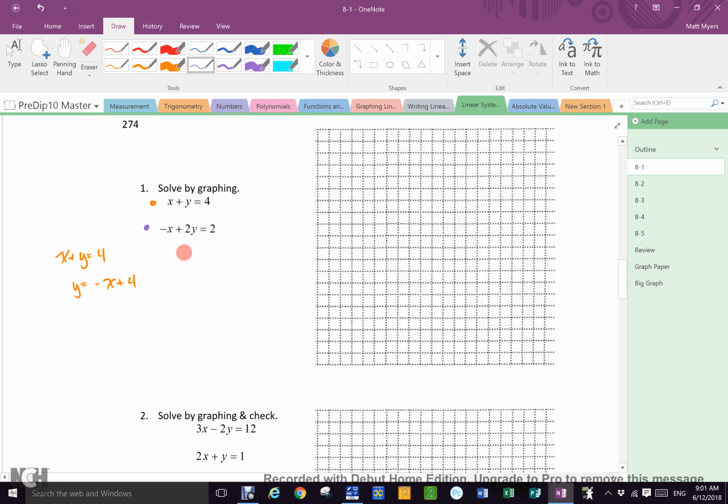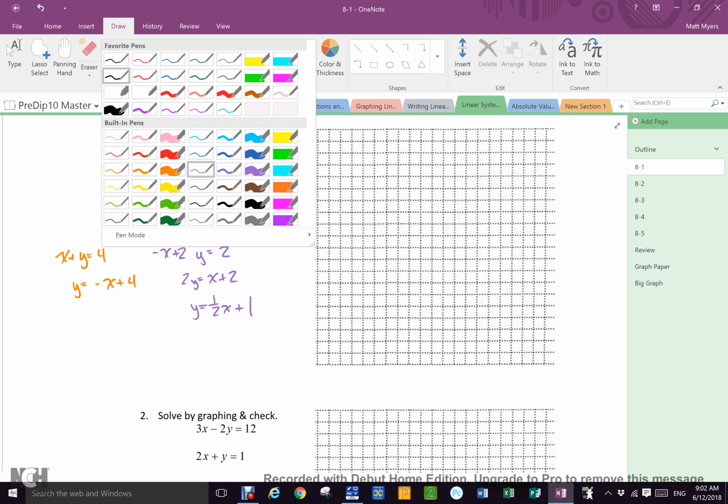The same thing. Negative x plus 2y equals 2. 2y equals x plus 2. Y equals 1/2 x plus 1. Now I go and I graph it.